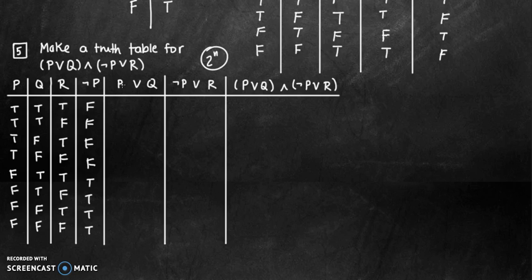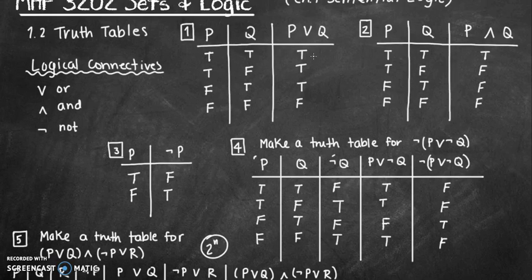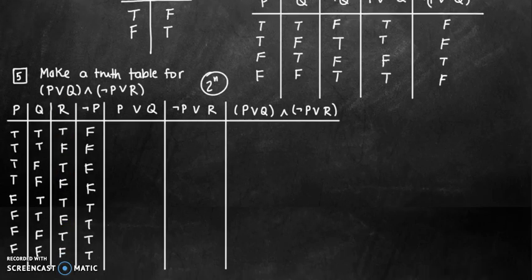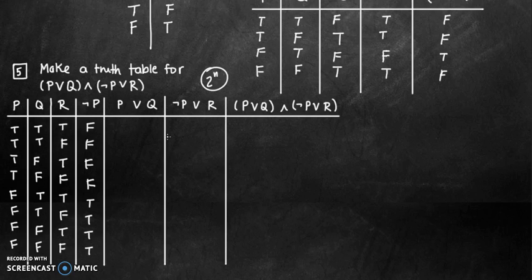Now we have P or Q, which is the first part of the statement here. P or Q is the exact same thing that we had before in number 1.